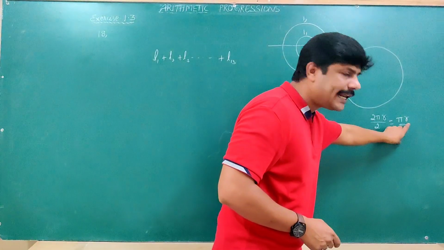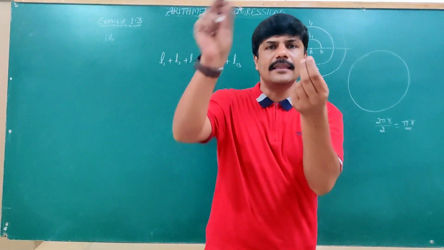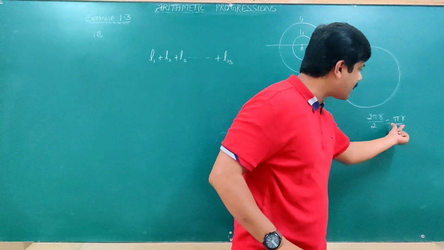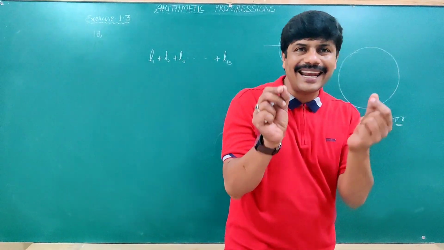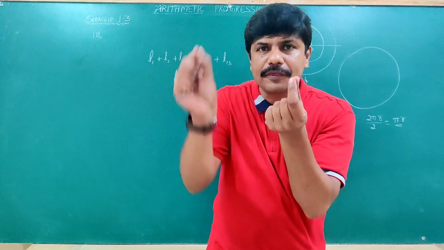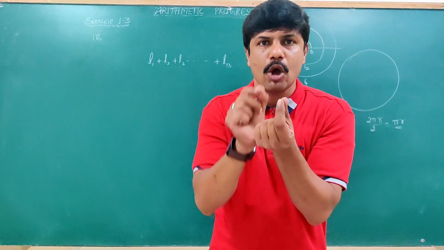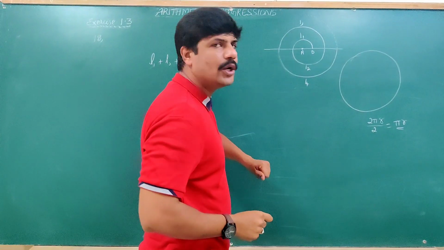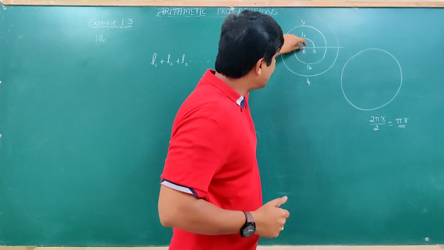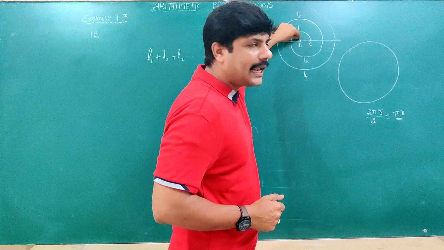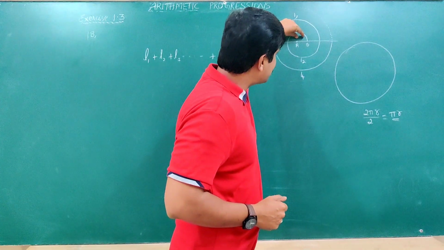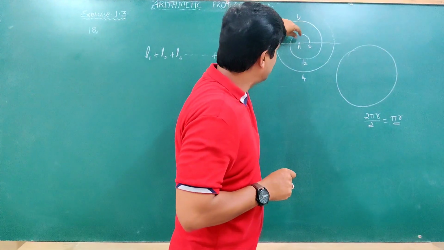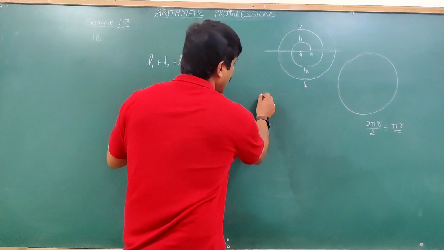If we know the radius, then we can find the length of the semicircle by using this formula, pi r. The parameter required to find the length of that semicircle is the radius value. What is the radius value? It is given, starting with center A. The radius of the first semicircle is 0.5.